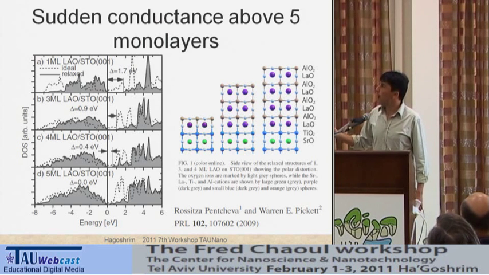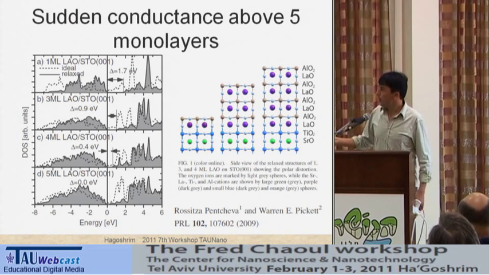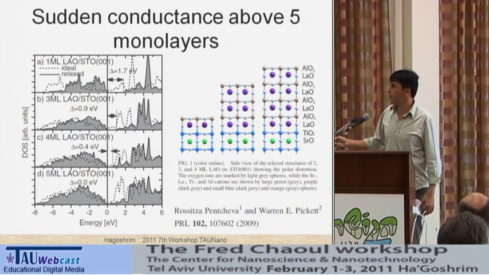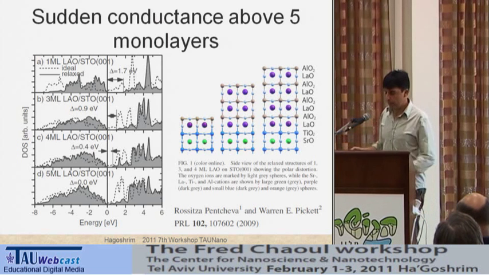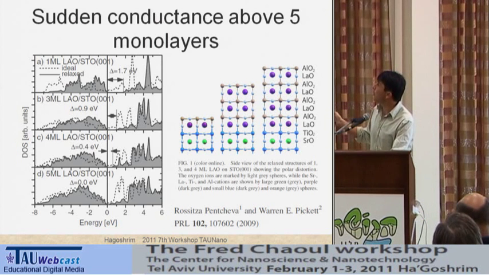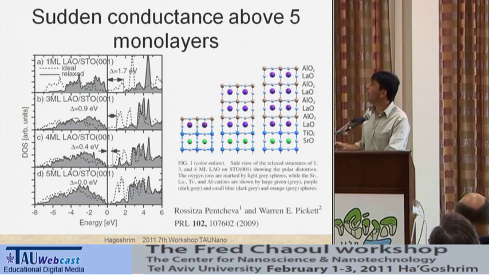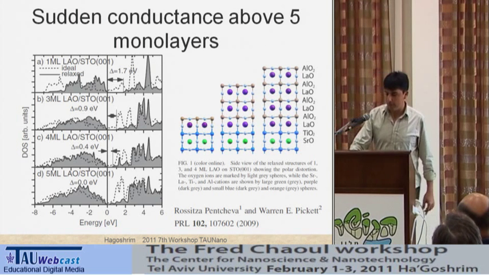So if you have 1, 2, 3, or 4 monolayers, you have a gap here, and as you grow 5 monolayers and more in your computer, the gap closes, and you have conductivity here. So here you have a density of states at the Fermi level, and you have conductance. Also a nice thing to note is there is a change in the lattice when you have this many layers. And this was also found in X-ray and other experiments.